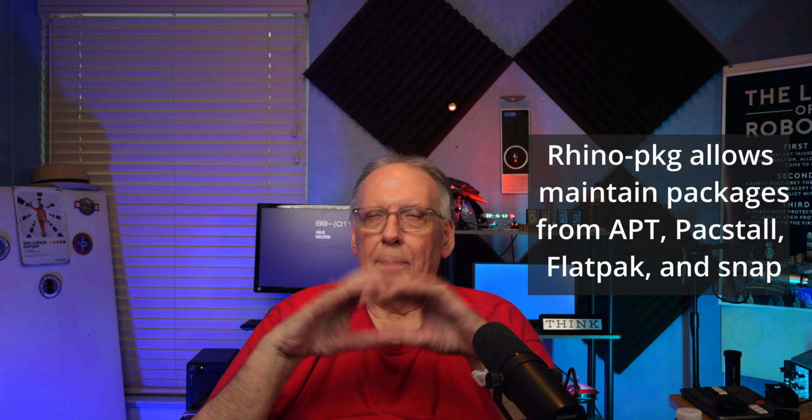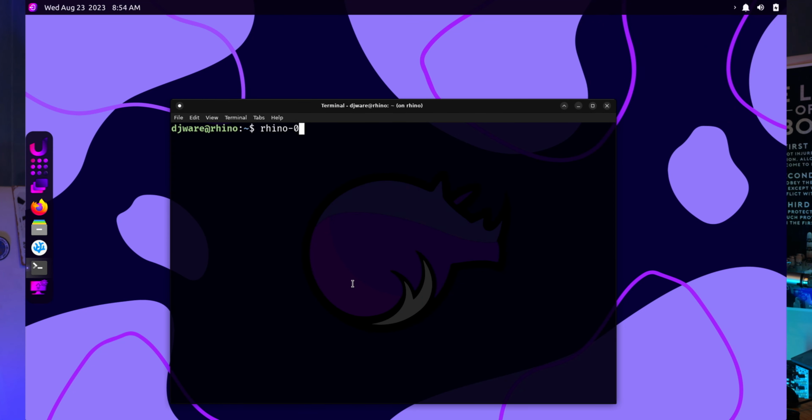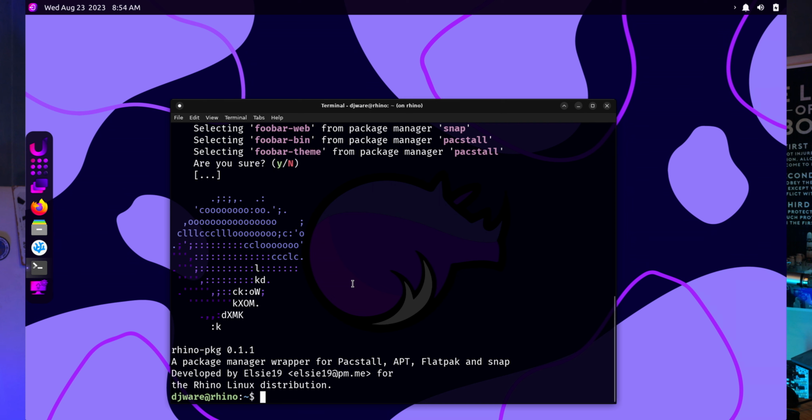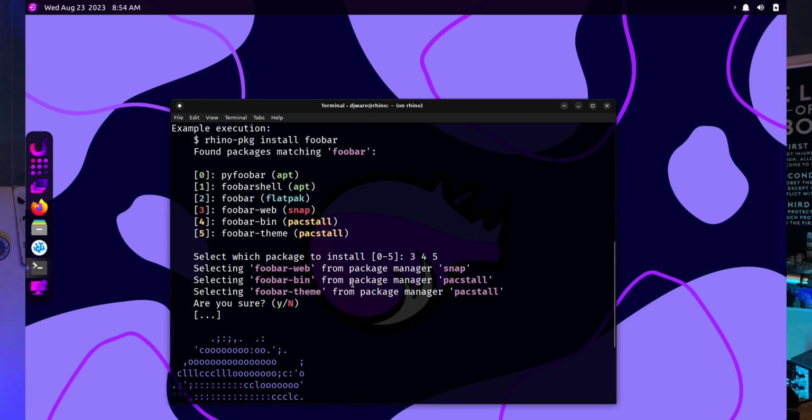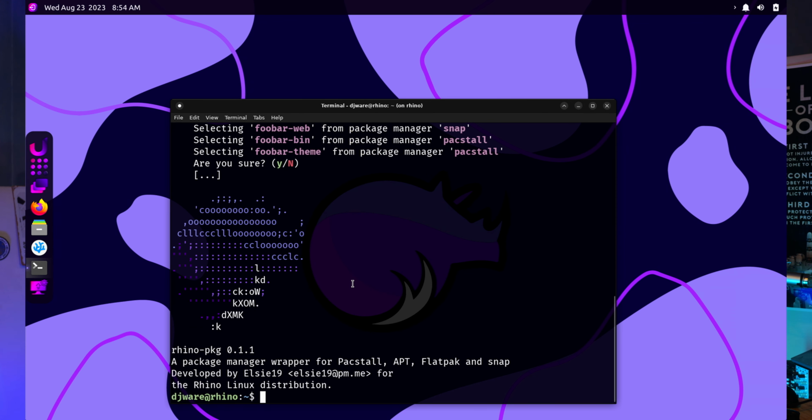So it's not a package manager, it's a wrapper. It's written in Bash. And it was designed for simplicity so that no matter where your package was, whether it was in APT or Packstall or Flatpaks or even snaps, it would be able to support updating and installing packages from those environments.